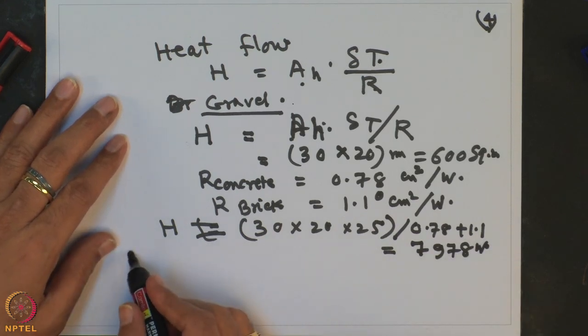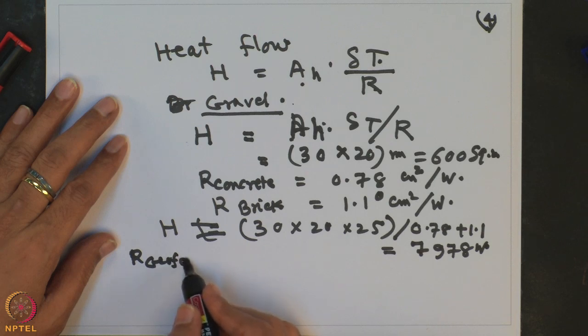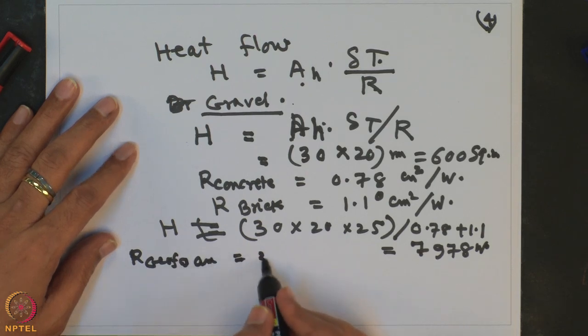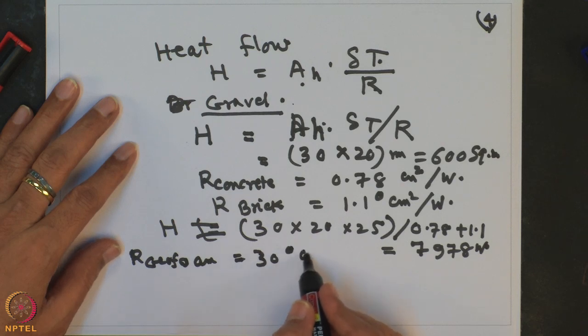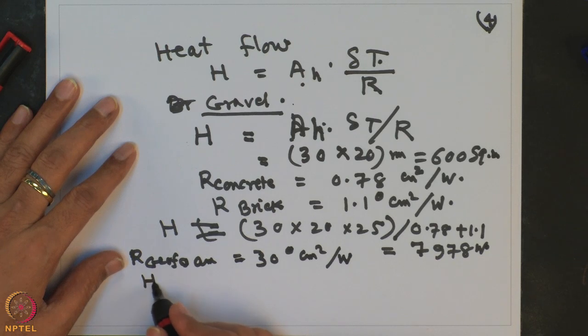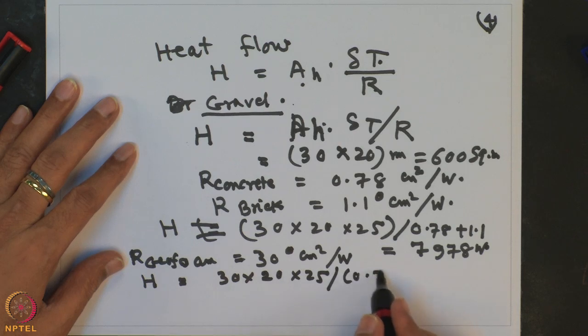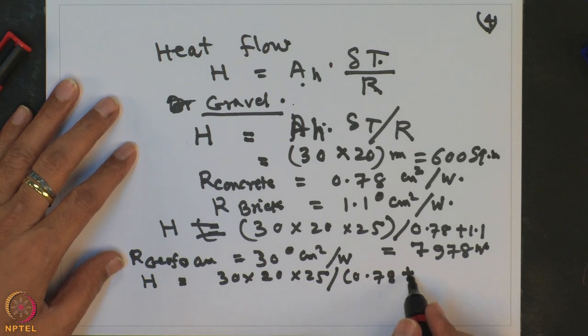If you calculate, you get a heat of about 7978 watt. Whereas, if you use the geofoam material, R of geofoam is equal to 30 degree centigrade meter square per watt. So H will be equal to 30 into 20 into 25, divided by 0.78 plus 30.